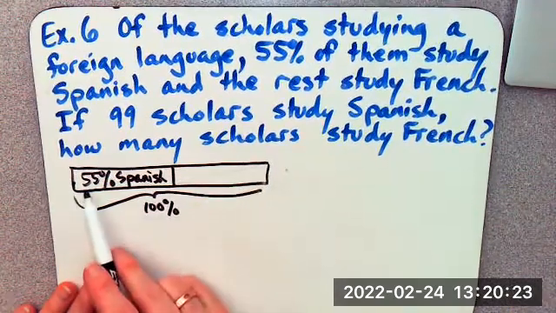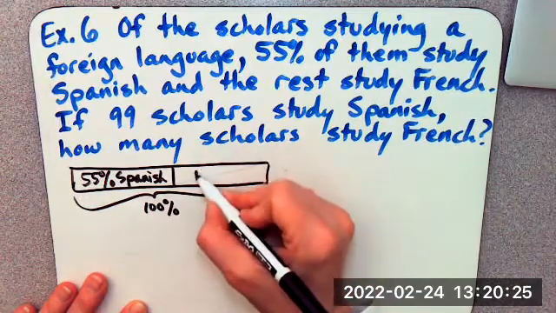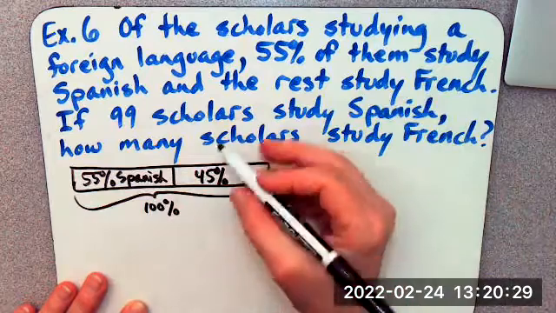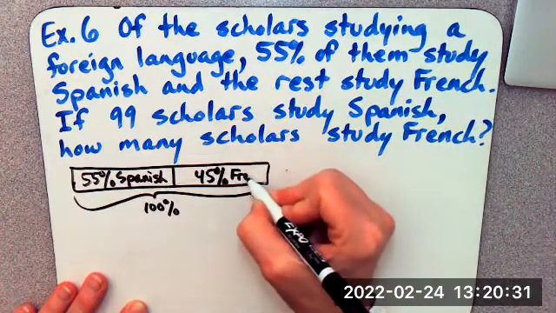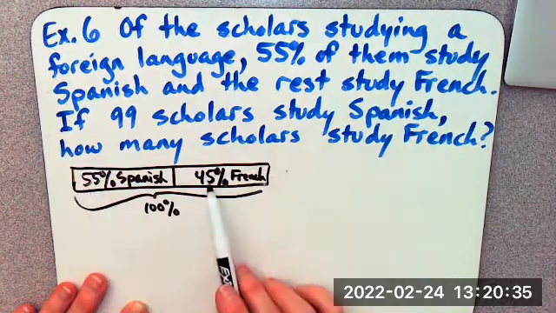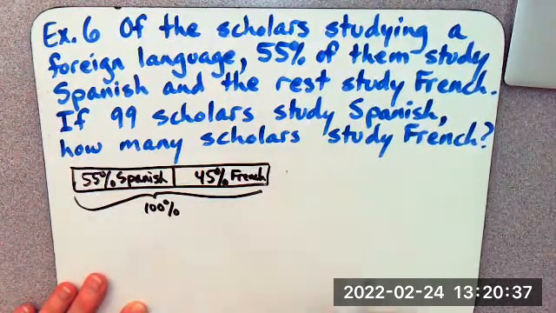Okay, so that means that we have 45% are studying French, because 55 plus 45 is 100.